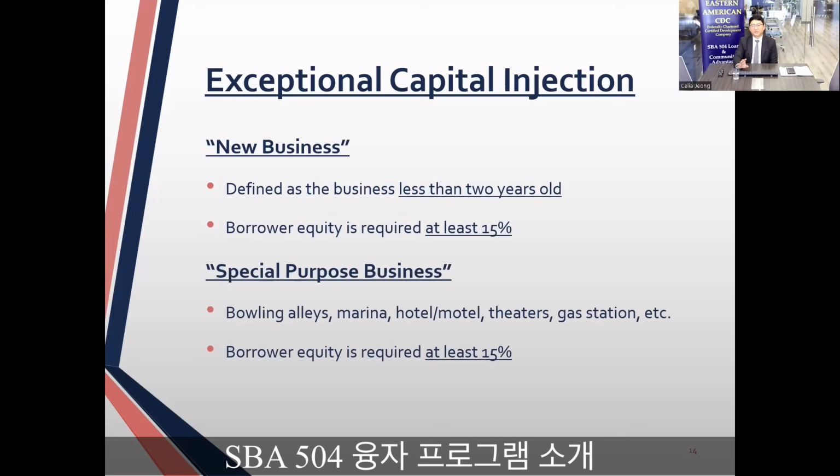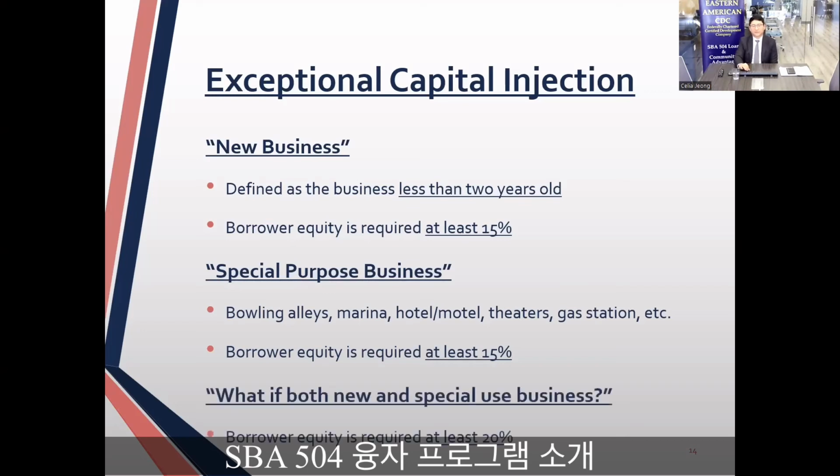Those kinds of businesses cannot be changed to another type of business because the building itself is a special purpose building. In that case, we ask for 5% more. So when you have both things together, then you need to put down 20%.